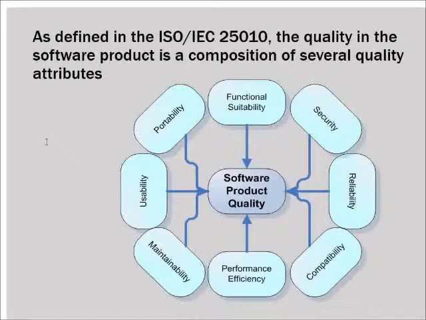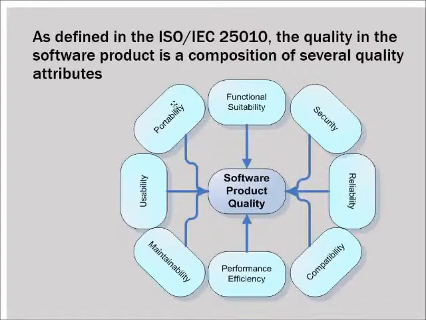That's because the developers want to see the product being stable and efficient. The testers may want to have security and compatibility and maintainability or usability in a good place. The marketing might be interested in portability and compatibility so it can be sold to different places, and the project manager wants the system to be efficient and stable and suitable for the work so that the entire project seems successful.